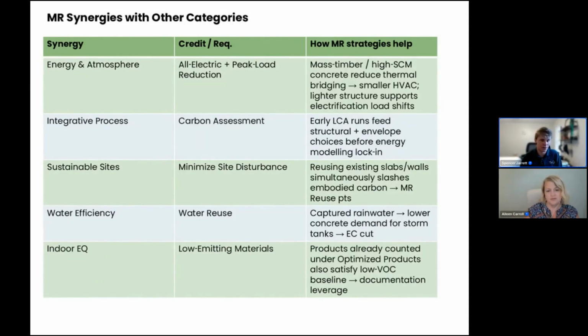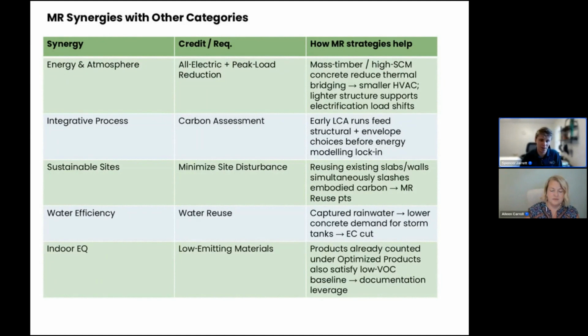And I think that's really going to set everyone up nicely to go after these other MR credits. If you're already having to assess a lot of the materials and their A1 to A3 impacts, it just makes sense to go ahead and look at the rest of the lifetime of the building and other material categories to see how you can reduce some of that impact before you get too deep into design.